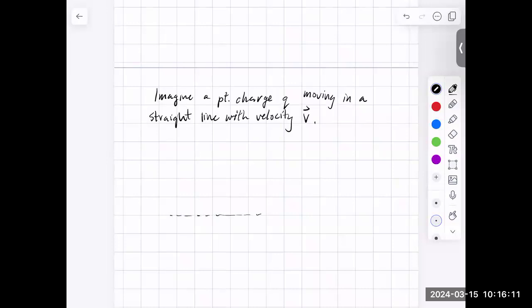This dashed line represents the path that our point charge is going to follow. We'll start with a straight line path. And so here's our point charge Q. We'll make it positive. And we'll draw a velocity vector. So it's moving along this dashed line with some speed v.